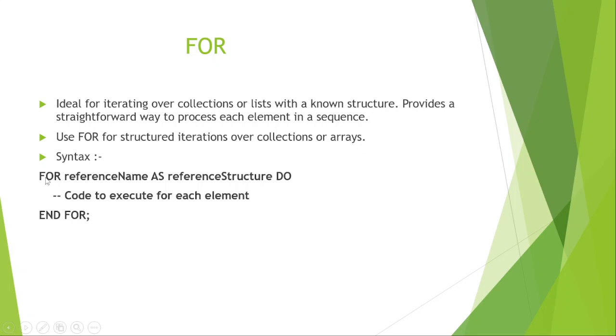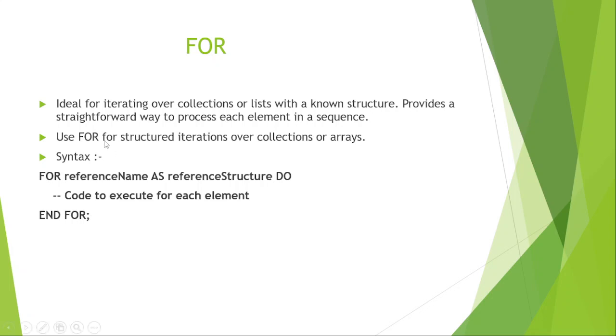The syntax is FOR, then we give the reference name as a reference structure or array, DO the code that we want to execute, and END FOR. This is used for a collection or array, if there are some elements that repeat continuously in the form of an array, then we use the for loop.